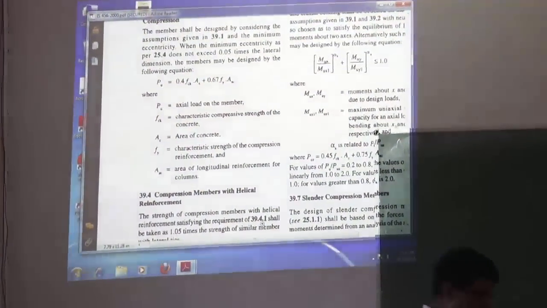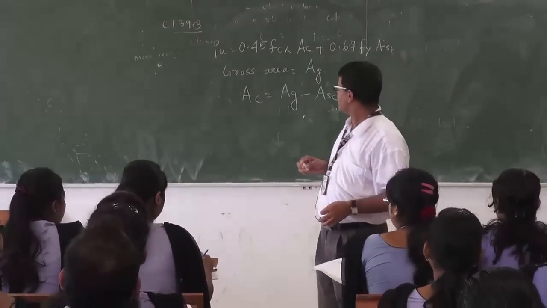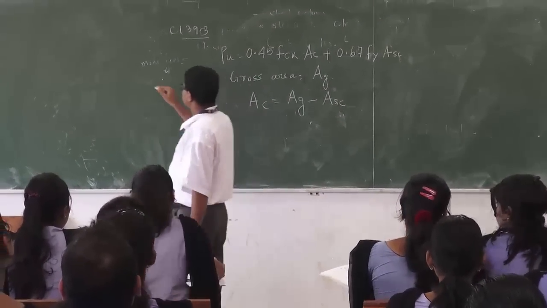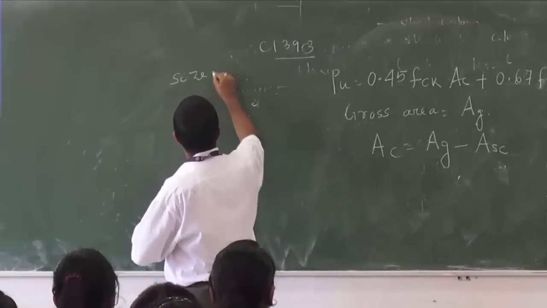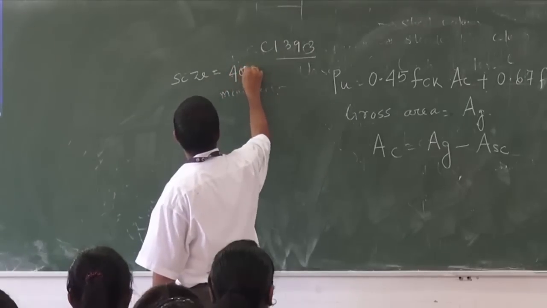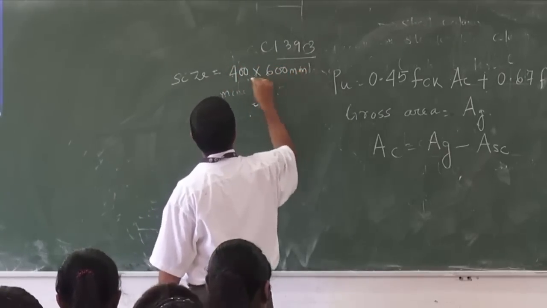Suppose a problem is given. The size of the column is given as 400 into 600 millimeter.